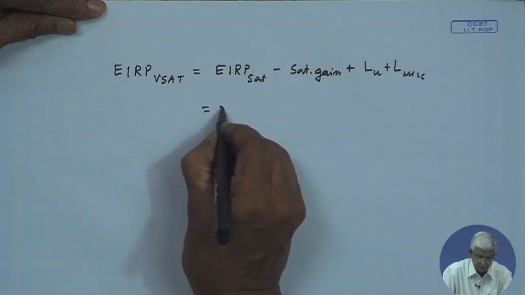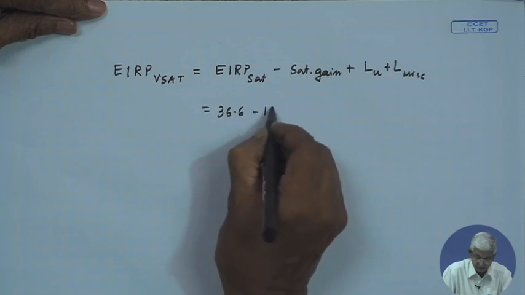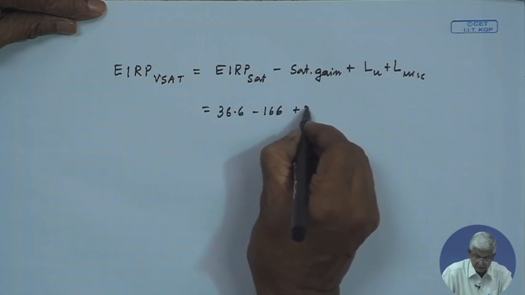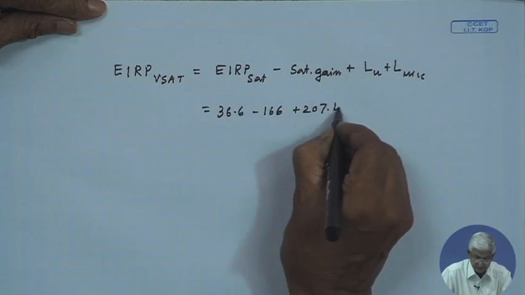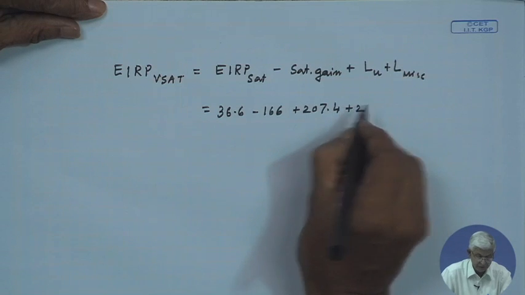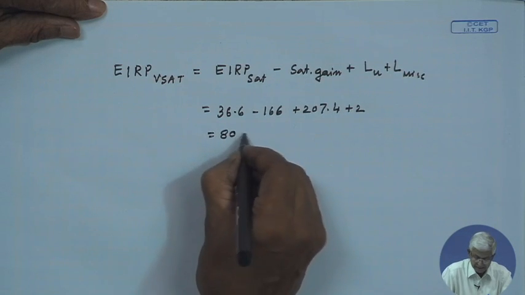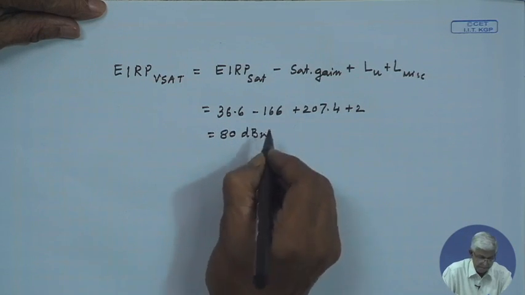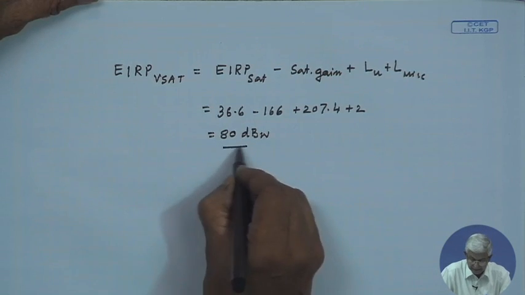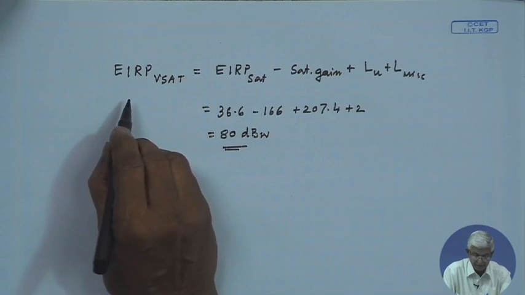So, that comes out to be 36.6 minus 166 plus 207.4, uplink was larger, plus 2, that comes out to be 80 dBW. 80 dBW we got, EIRP of the VSAT.